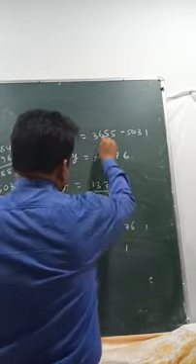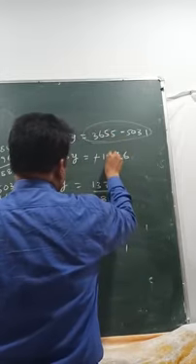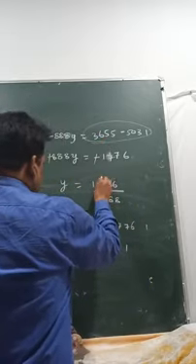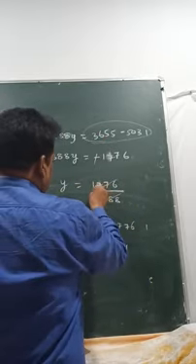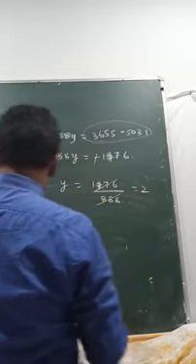So there is a mistake. I think this part will be 1776. Check the multiplication. It is 1776. If you cancel, it will be 2 times. Okay.